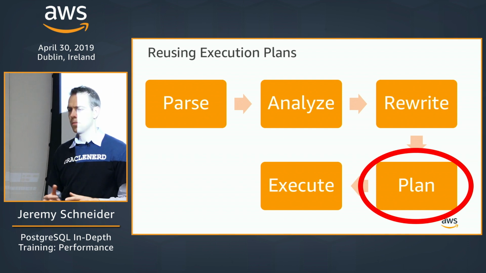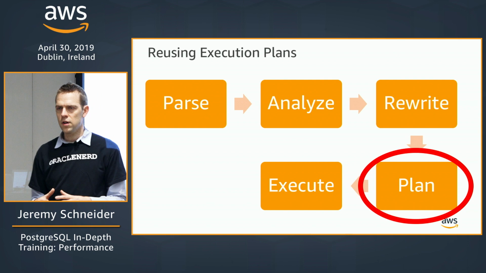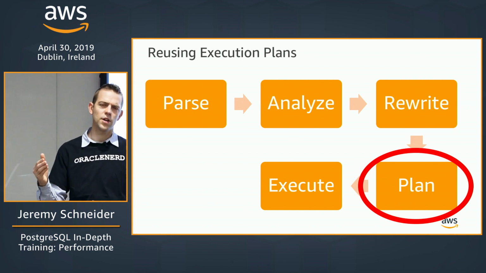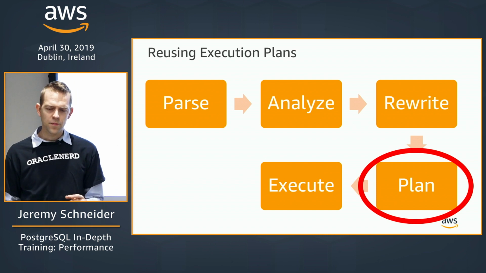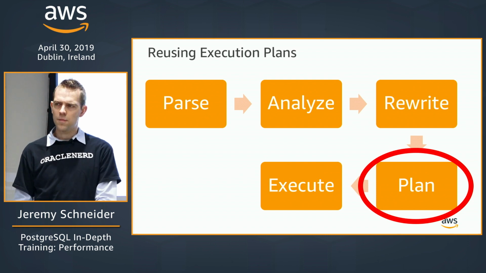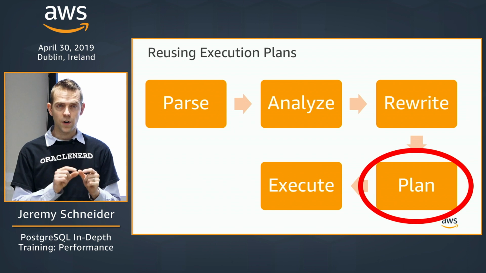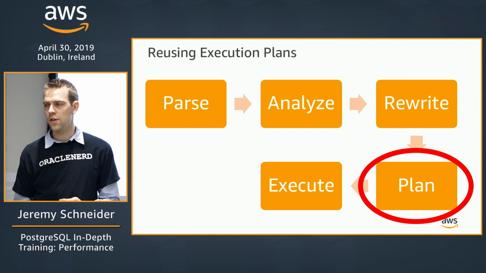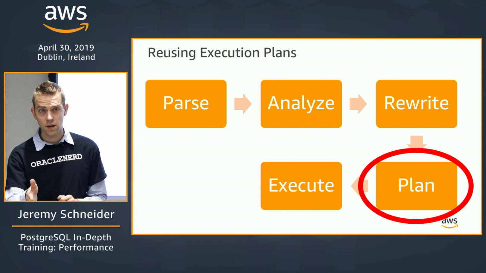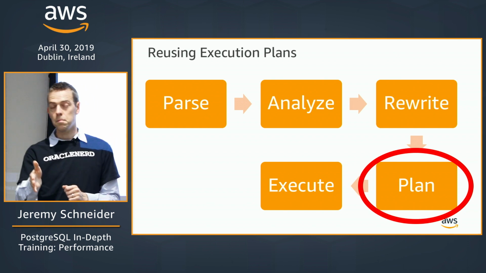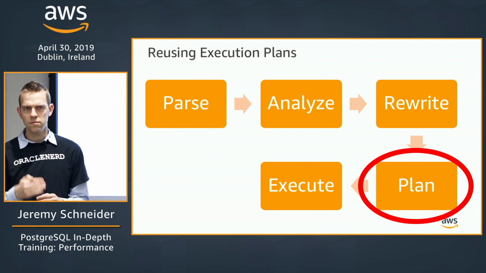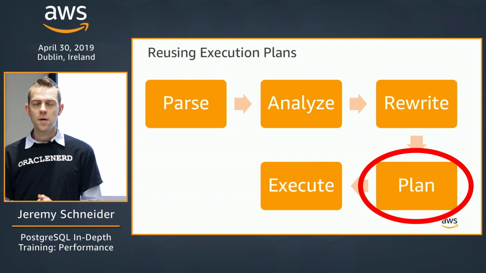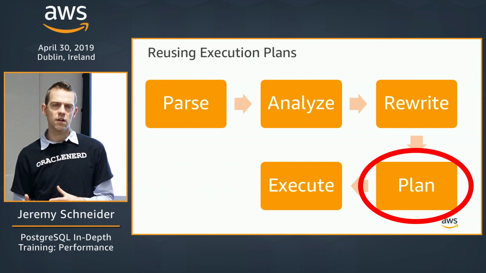This is kind of tricky. First of all, planning sometimes can take a long time. When I say a long time, this is relative. If you have a SQL statement that runs very quick, like just a single key lookup based on an index into a table, that thing might run in like a millisecond, right? And if you're running that millions of times, like just select over and over again, planning could also take a millisecond.